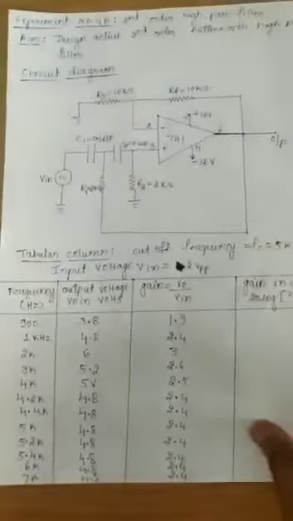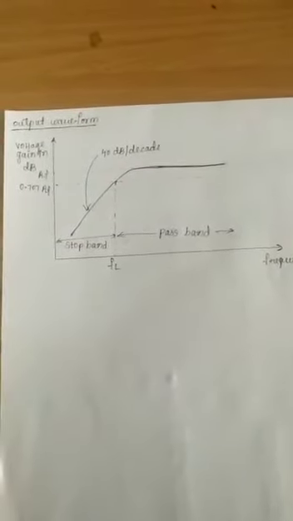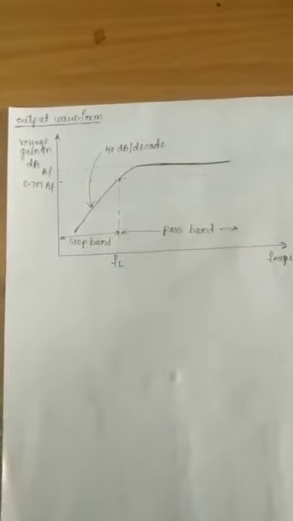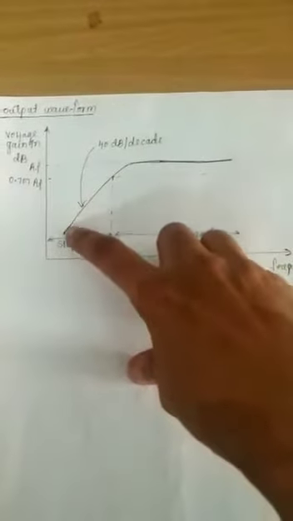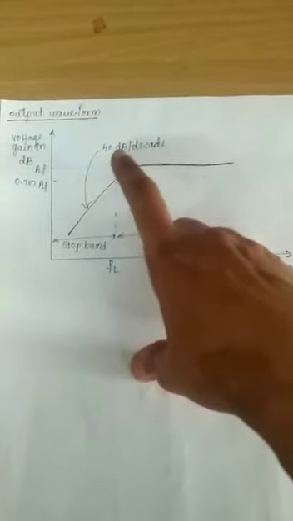Then you will get a graph for this experiment as shown, the output waveform. Along the x-axis we have taken the frequency and along the y-axis the voltage gain in dB. You need to draw this graph on log sheets. First, the gain will be increasing at the rate of 40 dB per decade.